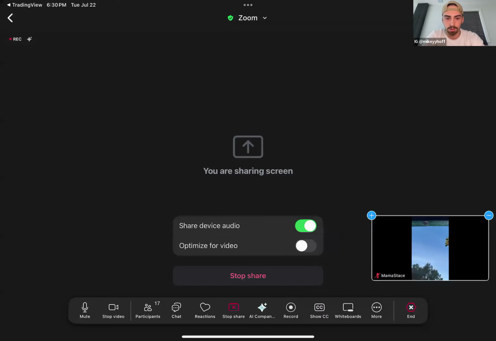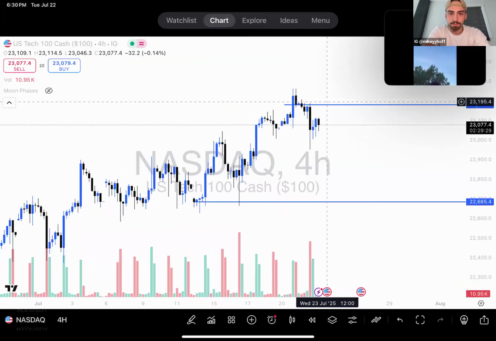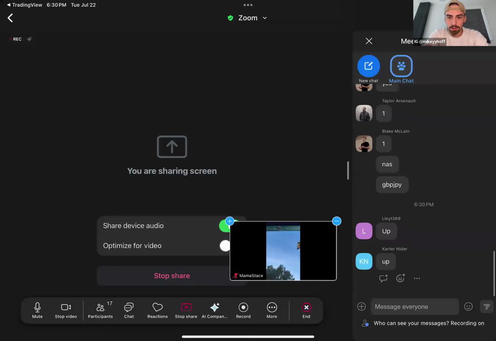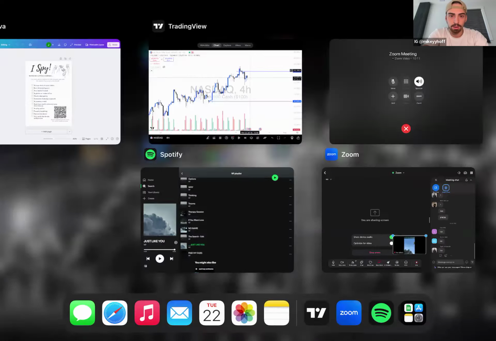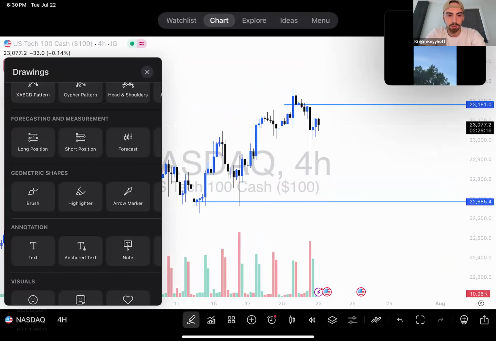We're going to mark this out too. Drop in the chat what you guys think. Uptrend or downtrend? Let's see what you guys said here. Uptrend. Perfect.